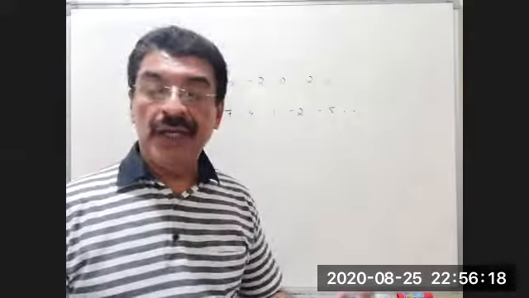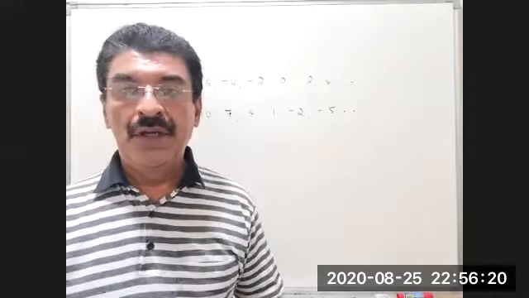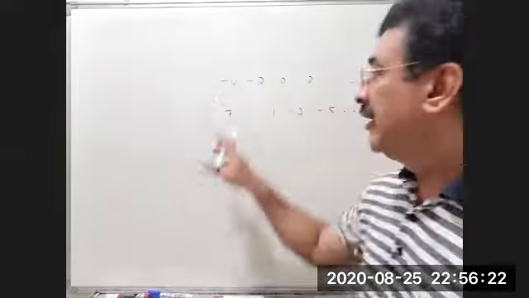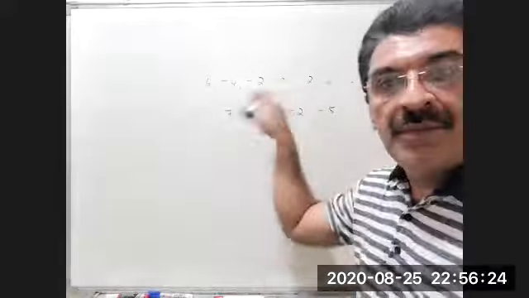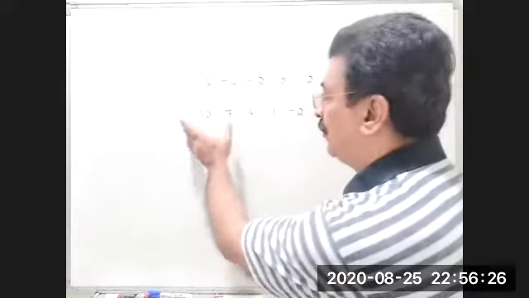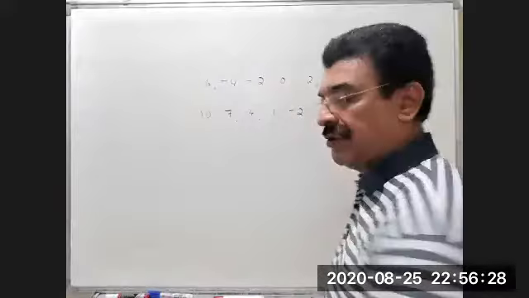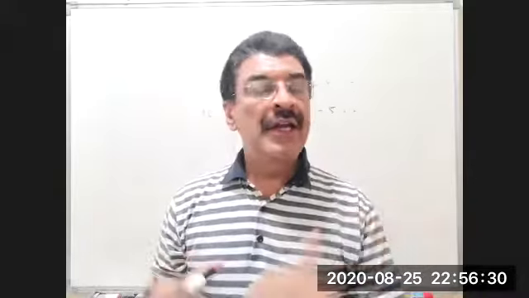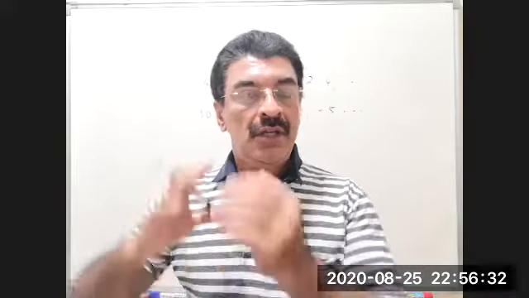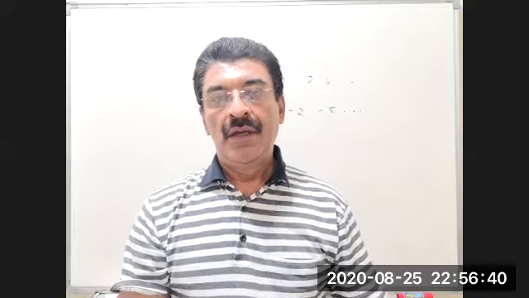The thing is, see here, all negatives together, then all positives together. Here also all positives together, all negatives together. So in AP, while writing these terms, if we have negatives and positives, all negatives will be together, then all positives will be together. In between, there can be 0 or not.